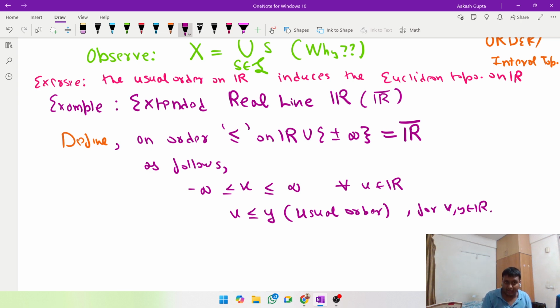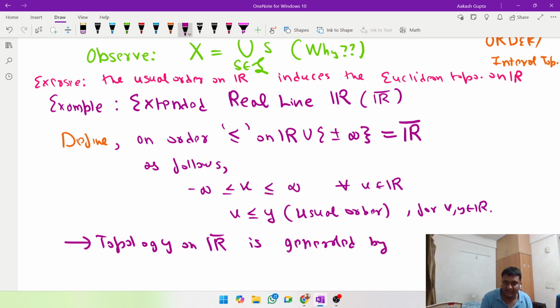And what would be the topology? The topology on R bar is generated by subbases. Let me give you the subbases. What kind of subbases do we want to take? These kind of open rays, right?